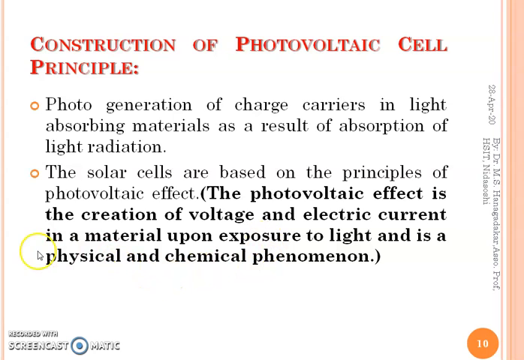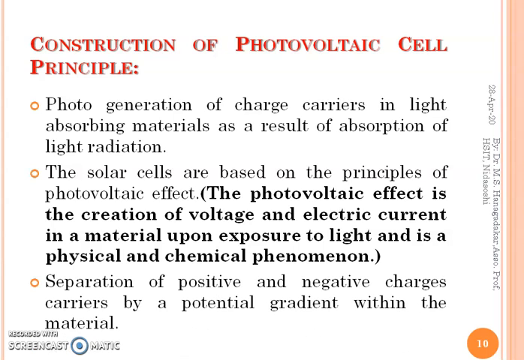It is a physical and chemical property of the material used for energy conversion from light energy into electrical energy. The third principle explains the separation of positive and negative charge carriers by the potential gradient within the material. These are the three important principles leading to the conversion of solar energy into electrical energy by photovoltaic cells.